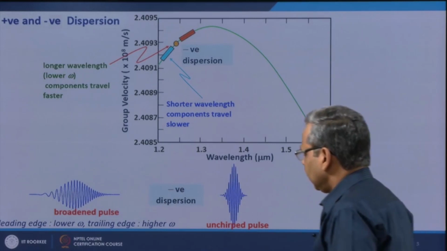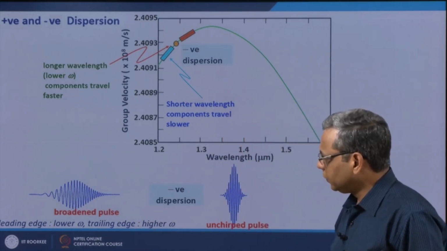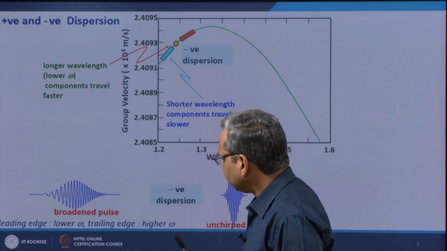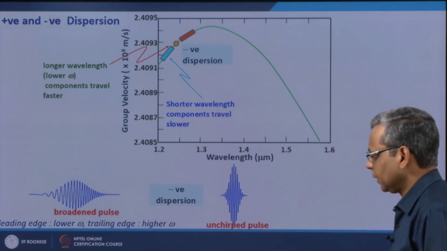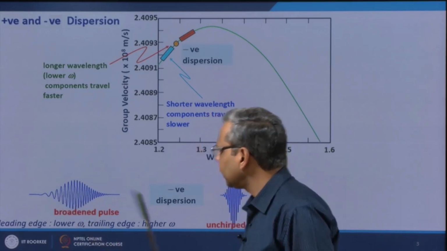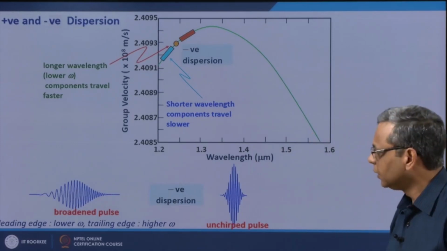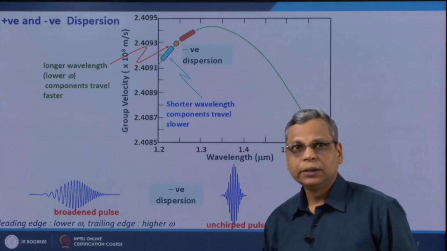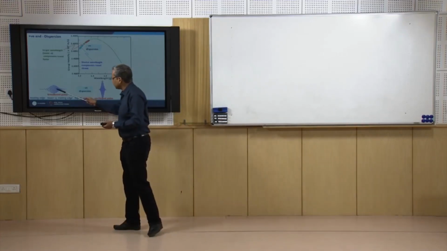So, the pulse is broadened, but what I also see in this broadened pulse is that the frequency content in the leading and trailing edge is different. In the leading edge the frequency is lower, while in the trailing edge the frequency is high. So, the pulse not only gets broadened, but also gets chirped, and chirping is like this.